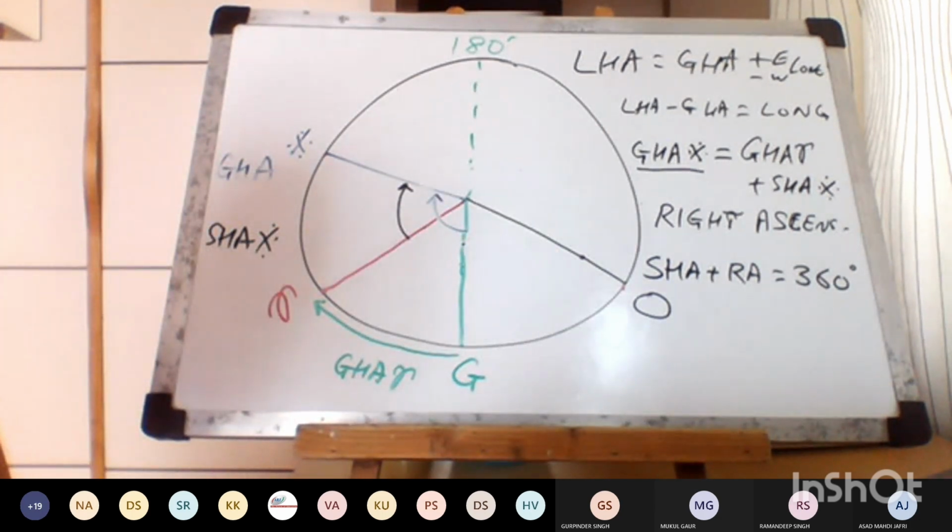I want my position, so I am also important because I have to find the angle distance from my point where the observer is. So the third reference point is the observer. All the angles which we measure from the observer are called the local hour angles.